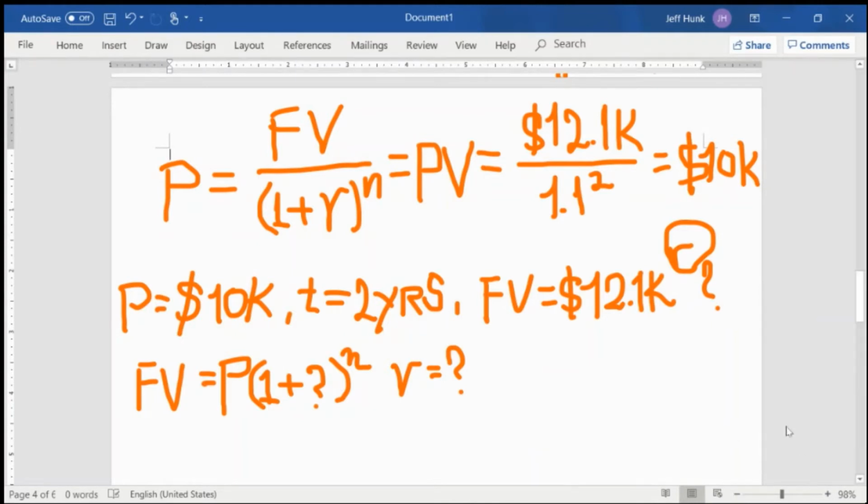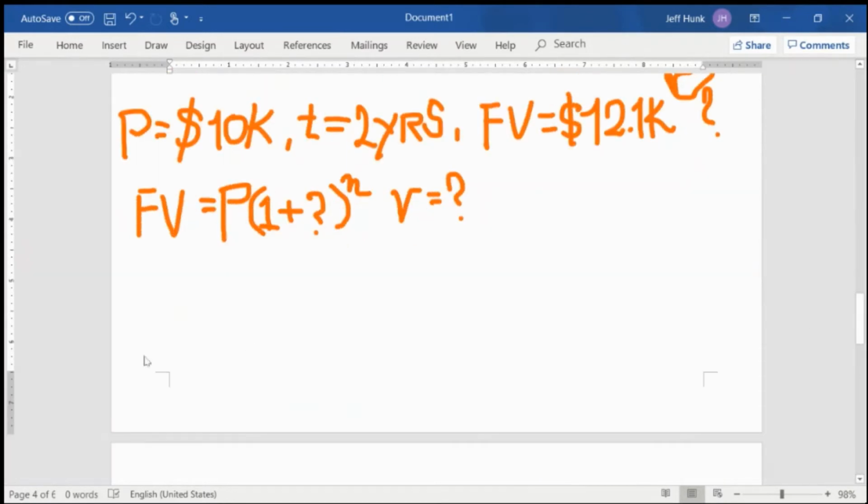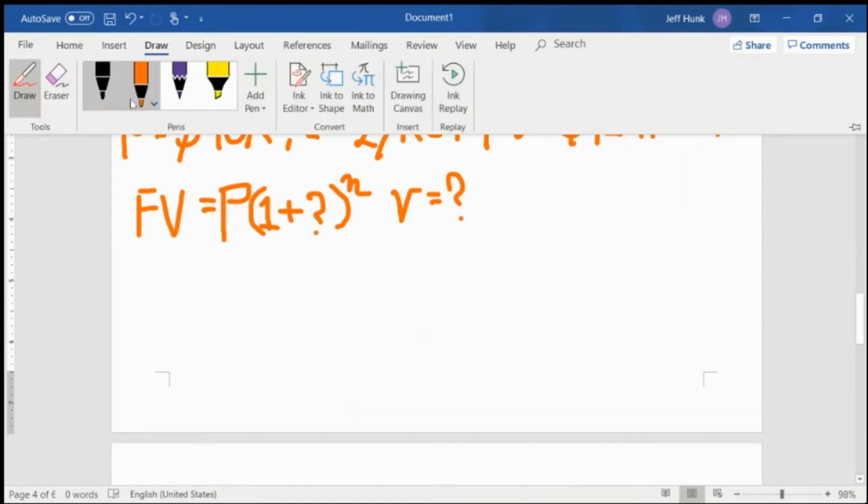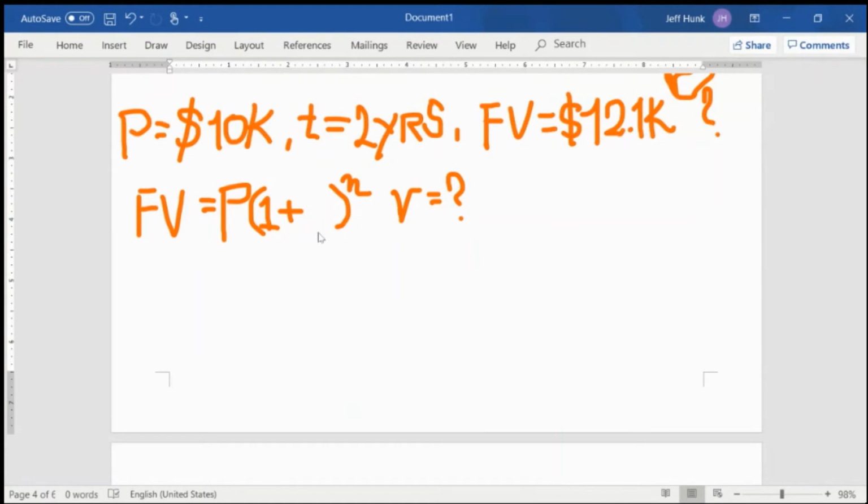Whatever we can do, we should do, and what we can do is turn it into a more simplified form. This is the simplest form, but since R is the unknown that we want to solve for, let me do something. Let me do this.